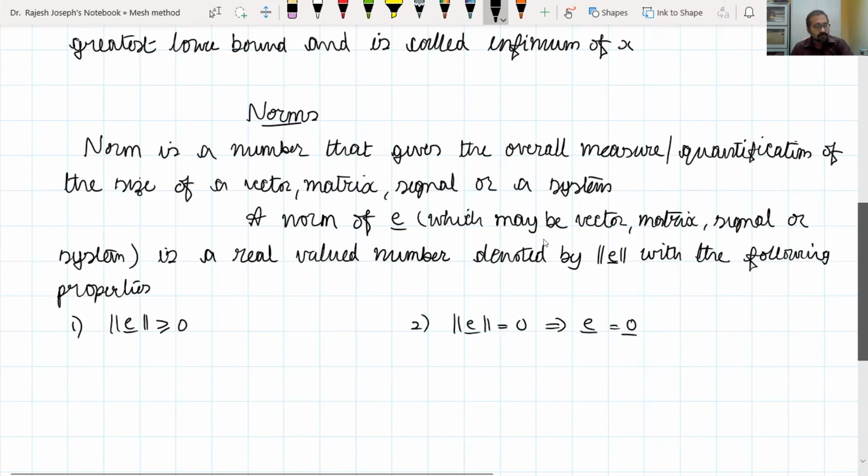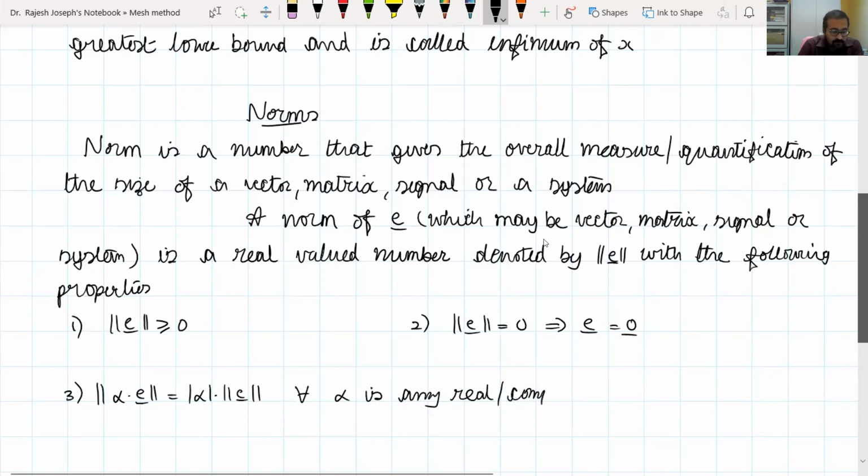Norm of E bar equal to 0 implies that the quantity itself is equal to 0. 3. Norm of alpha times E bar will be equal to the absolute value of alpha times norm of E bar, where alpha is any real or complex number.